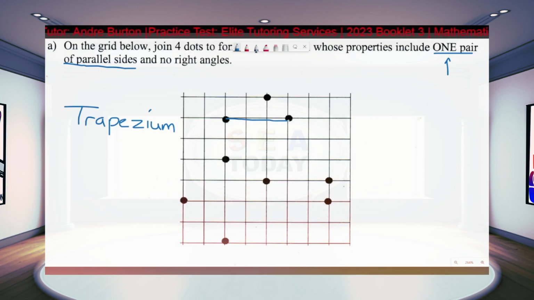That's parallel, and down here it's parallel. That will make the lines parallel, short line, and then if we connect these 2, there we go. 4 sides, no right angles, 1 pair of parallel sides.